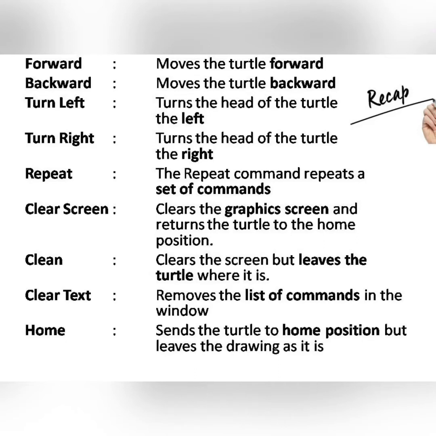Repeat command helps to repeat the commands. Clear screen clears the graphic screen. Clean command clears the screen but leaves the turtle where it is. Clear text command removes the list of commands in the window. Home command sends the turtle to home position but leaves the drawing as it is.